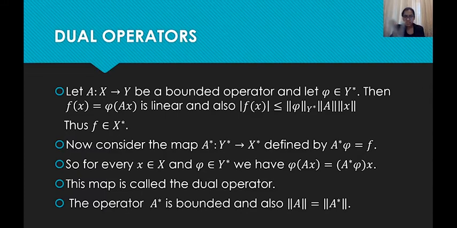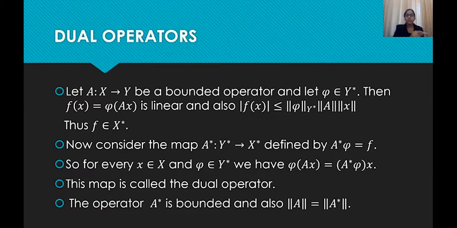If we have a bounded operator A from X to Y and a bounded linear operator phi on Y, then if we define F of x is equal to phi of A of x, that function F is linear and can be proved to be bounded. Therefore, it is an element of X star.